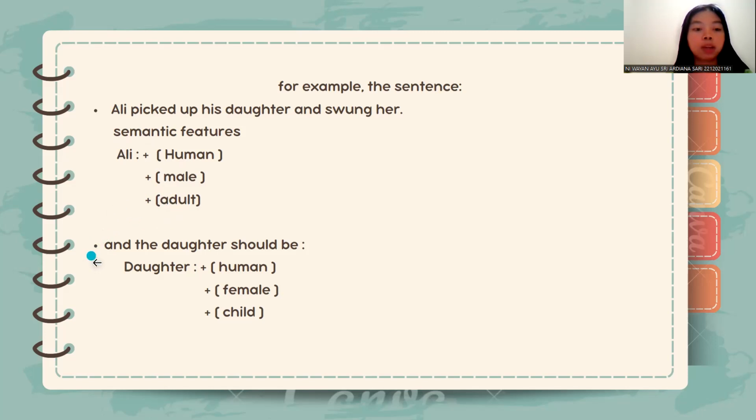And example number two is the daughter. Semantic features of daughter: daughter would have plus human, daughter would have plus female, and daughter would have plus child.